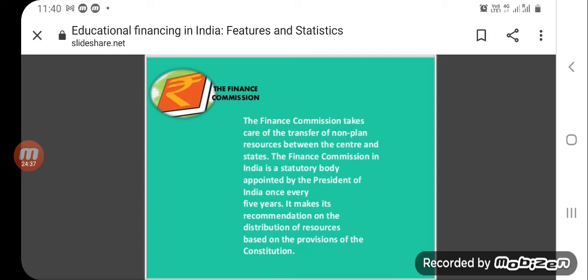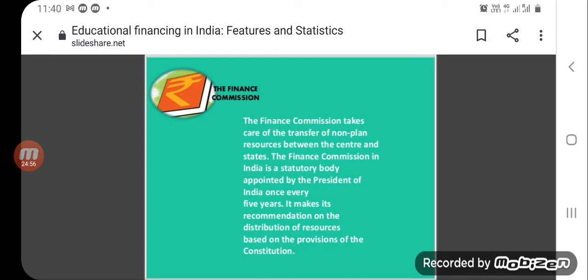The Finance Commission in India is a statutory body. I'm sorry, the Planning Commission is not a statutory body. The Finance Commission is a statutory body. That means it has some legal power. No government can control it.